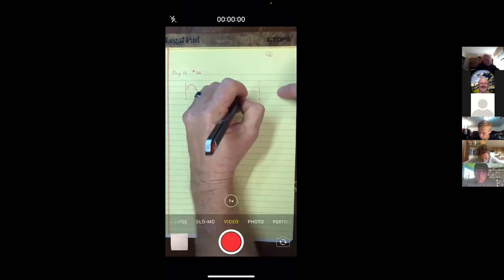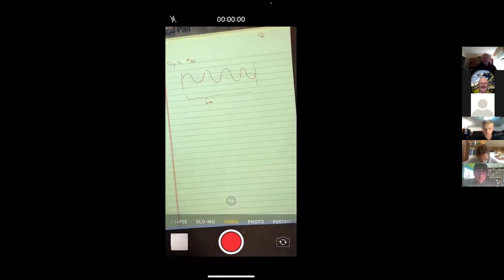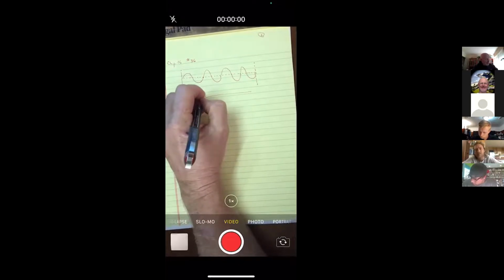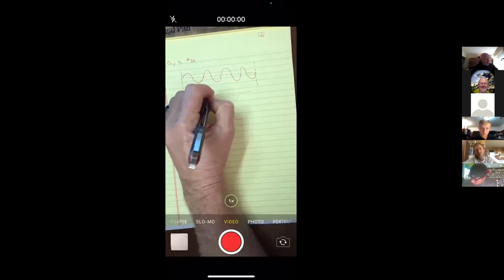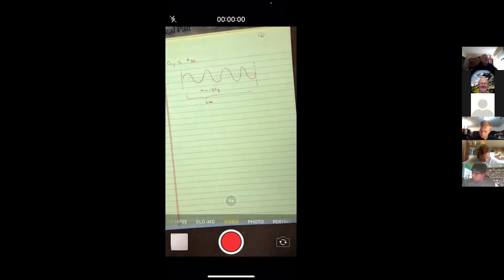This should be 3 waves. And I didn't draw that very well. I was hoping to get a little more equally spaced, but ignore my terrible picture. But that's supposed to be 4 waves that fit in my 6 meters here. And of course, they did say the mass during that was 180 grams. I'll keep that in the back of my mind here.